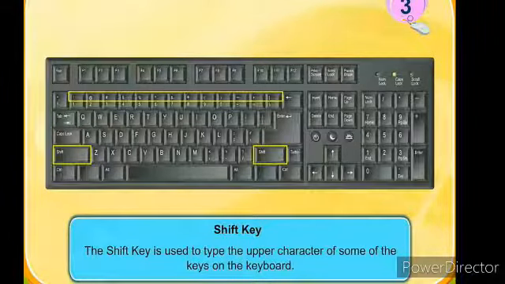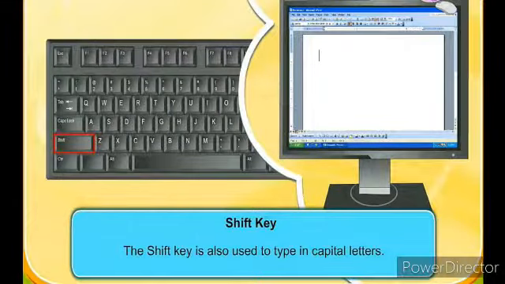Now we are going to discuss the shift key. The shift key is used to type the upper character of some of the keys on the keyboard. There are two shift keys on the keyboard. One is on the left side of the keyboard and the other is on the right side of the alphabet keys. The shift key is also used to type in capital letters.